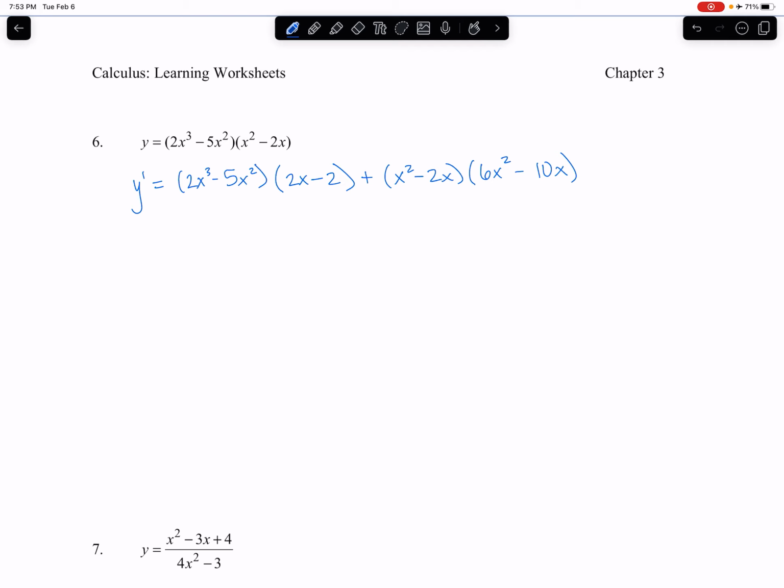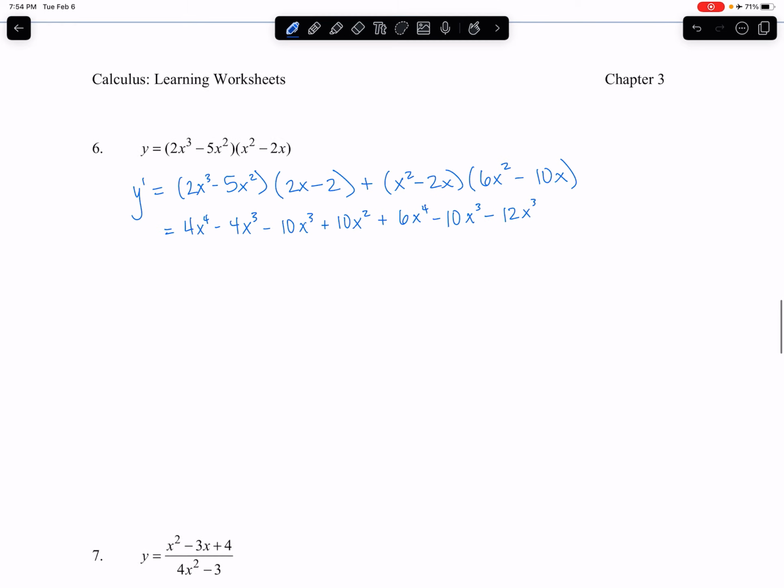Now we'll use FOIL to multiply all of these things out. We'll get 4x to the fourth minus 4x cubed minus 10x cubed plus 10x squared plus 6x to the fourth minus 10x cubed minus 12x cubed plus 20x squared.